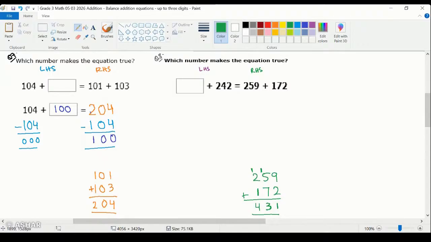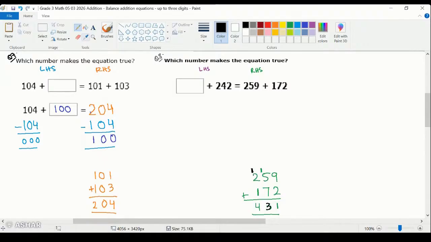Solomon, that would be 400s, right? Because we had 13 tens, so we write 3 tens and 100. No, we cannot have 5. 1 plus 2 plus 1 is 431.